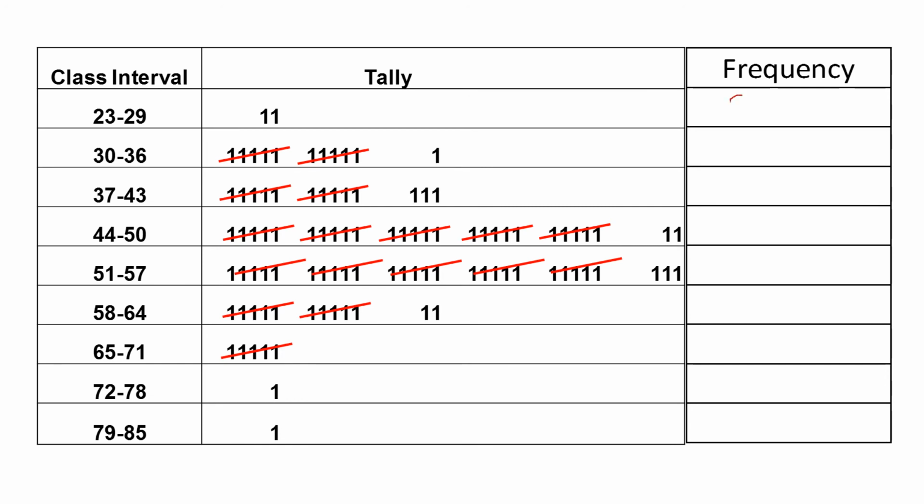So here is 2, 11, 13, 17, 18, 12, 5, 1, and 1. Okay, so there's a frequency distribution of this raw data. Now we can look at it and start analyzing it. So much easier now that we can organize it in this very simple and easy way.